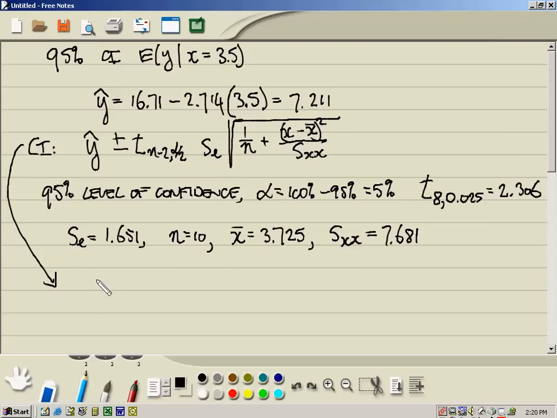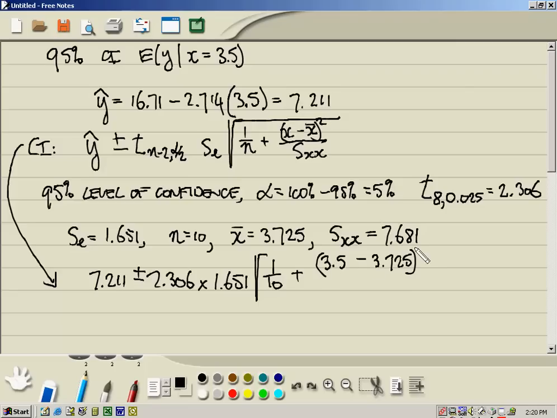Okay, so now let's fill out our formula. So y hat from above, 7.211, the value comes from up here, plus or minus the critical t value from the table, 2.306, times s of e, 1.651, times the square root of 1 over n, 1 over 10, plus x, the given x, 3.5, minus x bar, 3.725, square that difference, and divide by the sum of squares of x, being 7.681.